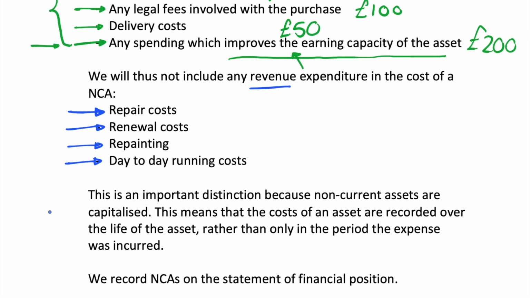So we make this distinction between capital and revenue expenditure and what's included in the costs because non-current assets are capitalized. Capitalization means that the costs of the asset are recorded over the life of the asset rather than only in the period the expense was incurred.